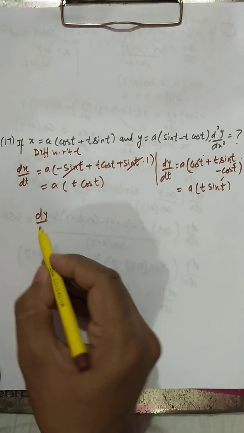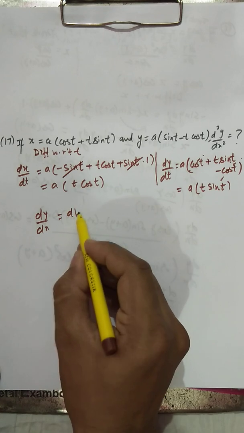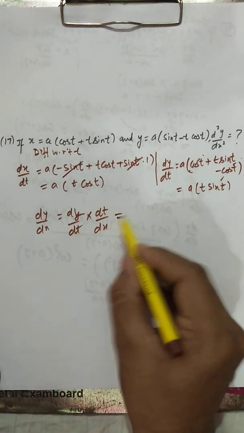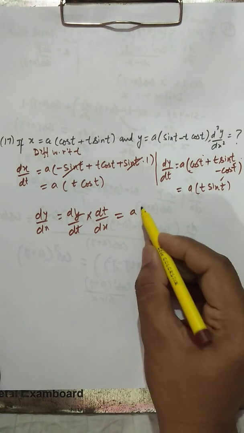Now your dy by dx will be dy by dt into dt upon dx. Up to here there is no problem, everyone can find the answer very easily.